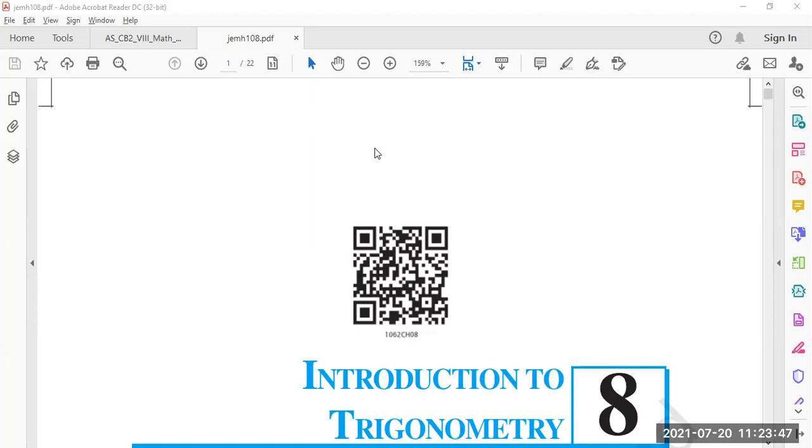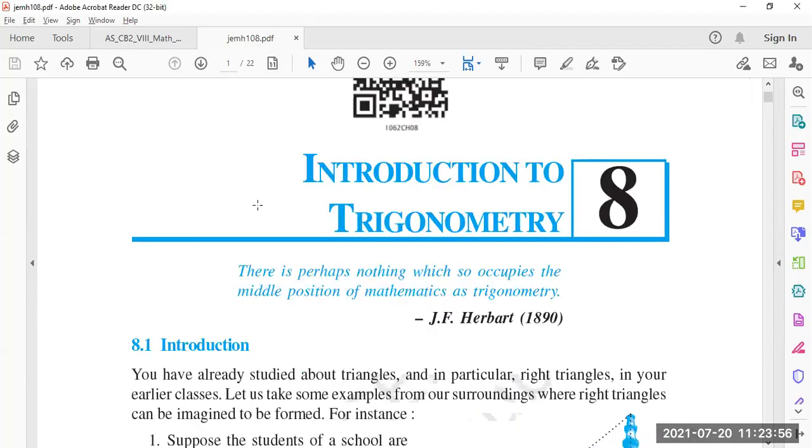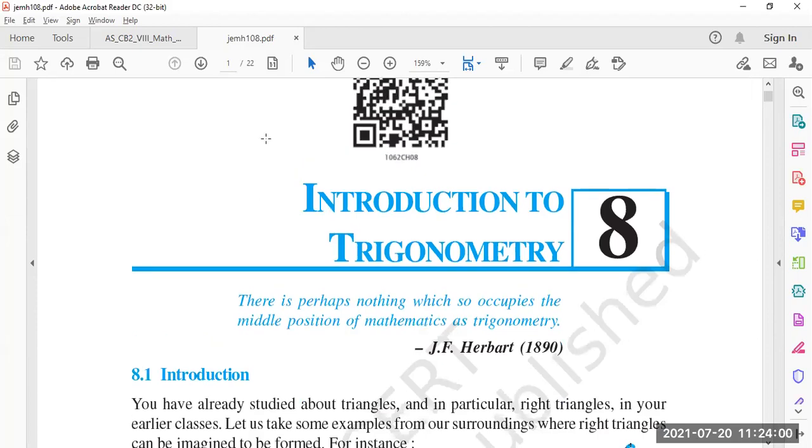As we discussed yesterday, introduction to trigonometry. The word trigonometry is a combination of three Greek words, as we had seen yesterday. One is tri, and the next one is gon.